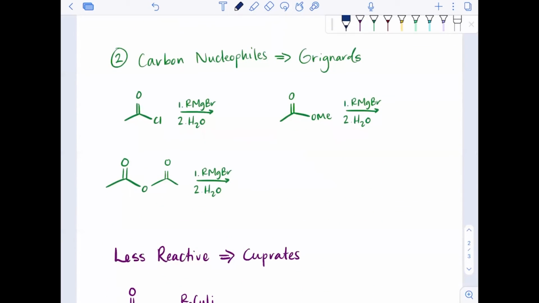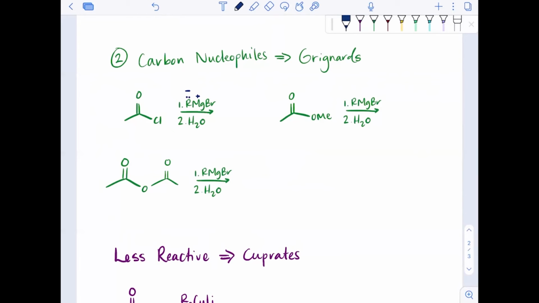Now talking about our Grignard reagents, our carbon nucleophiles, has a very similar outcome as our hydride nucleophiles. Grignards are highly reactive. They contain a carbon with a nucleophilic center, something like a negative charge to pair with that metal, magnesium.